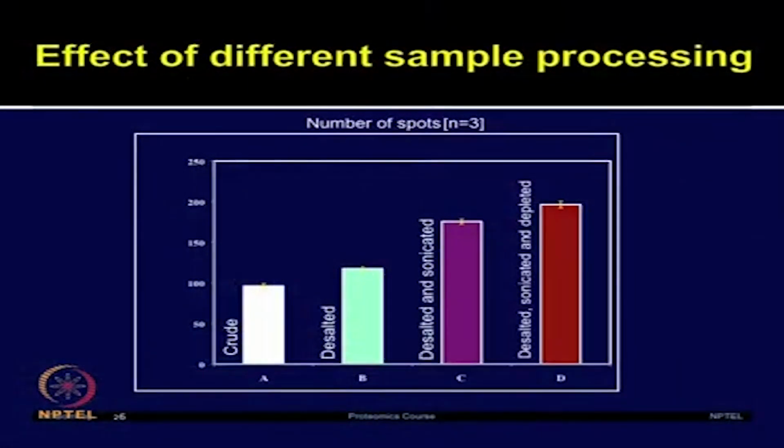These studies were performed on small strips to standardize the procedure, but we are able to draw the conclusion based on the reproducible pattern obtained in these gels, and then we applied the desalted, sonicated and depleted conditions for processing all the samples.